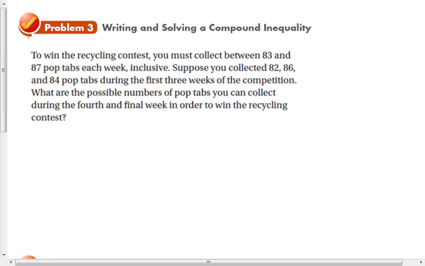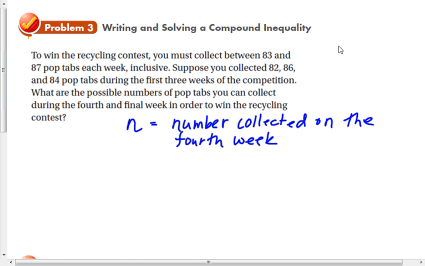So let's define a variable n as the number we collect on the fourth week. Okay, so if that's the number we collected on the fourth week, then the expression n plus 82 plus 86 plus 84 represents the total we collected.